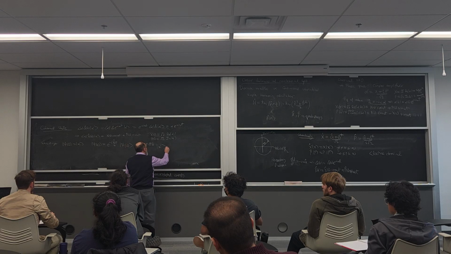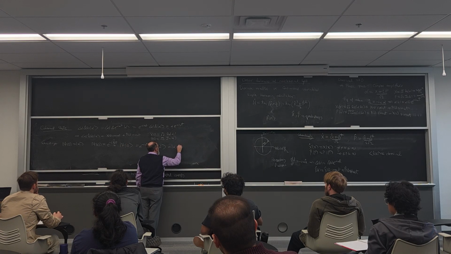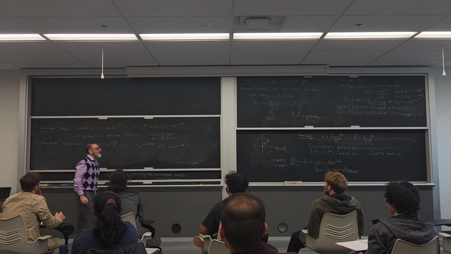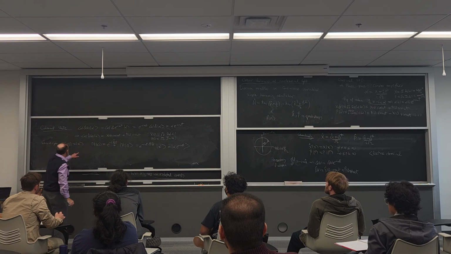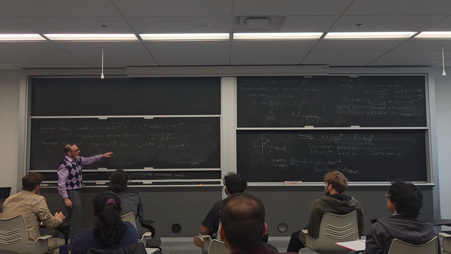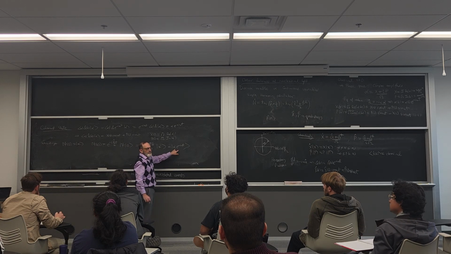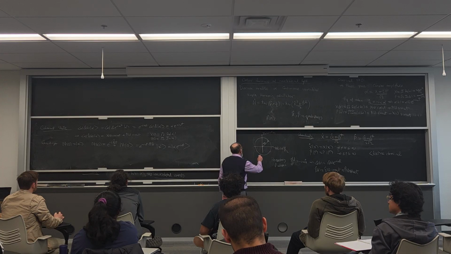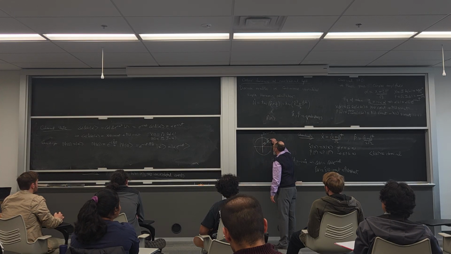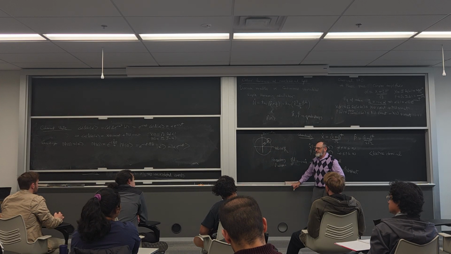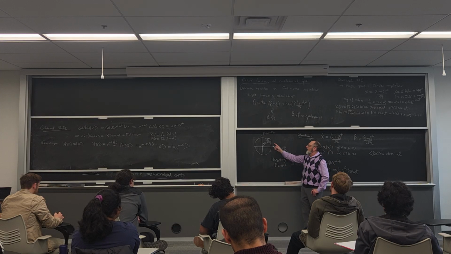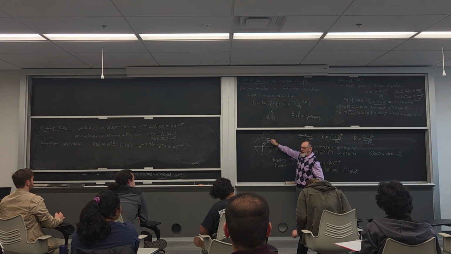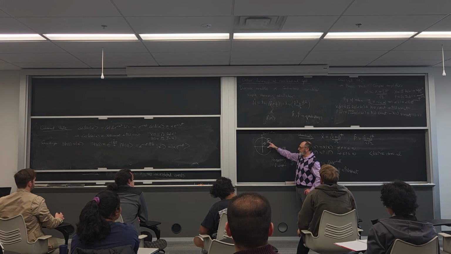I claim that this is equal to this. That is to say, the state at a later time is a coherent state, but just with a different complex amplitude. So quantumly, we have a coherent state which has a mean value of alpha, a mean value of its distribution alpha.